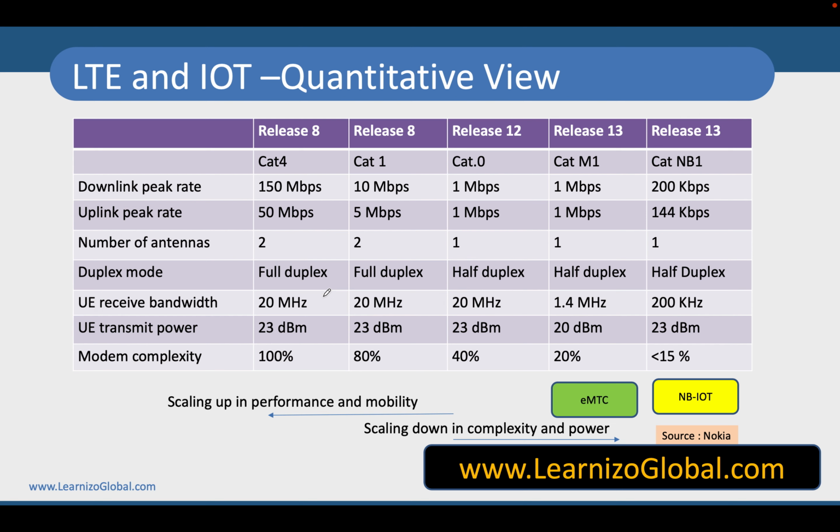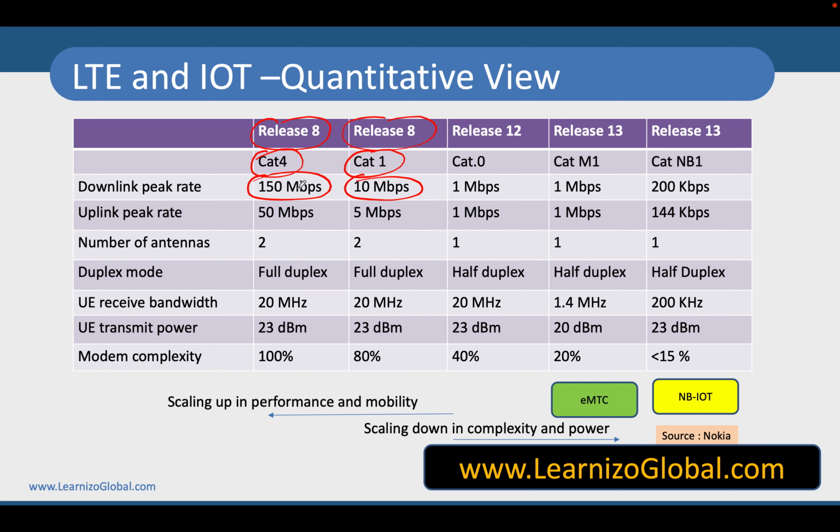Let's try to understand. If you look at some earlier releases like release 8, for different kinds of devices, like category 4 and category 1 handsets, our downlink peak data rate was 150 Mbps and it can be as low as 10 Mbps.